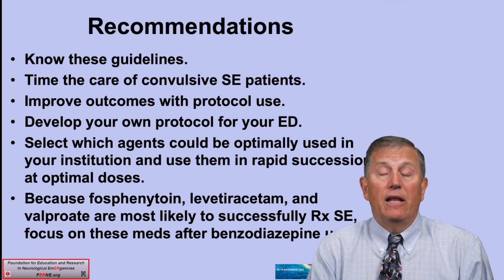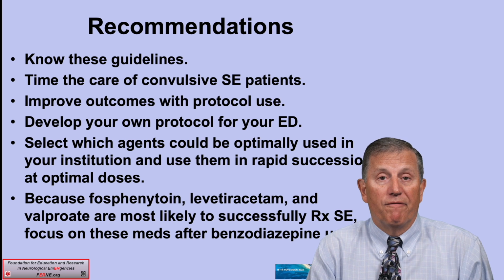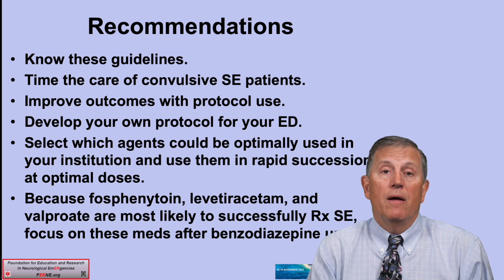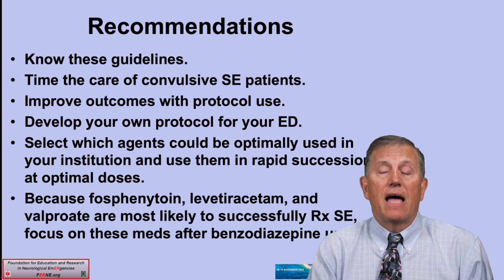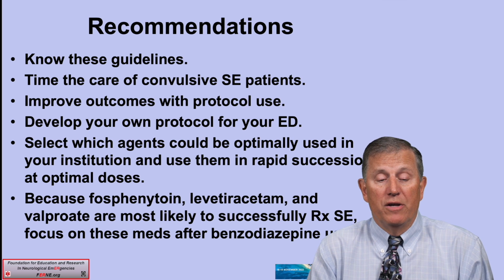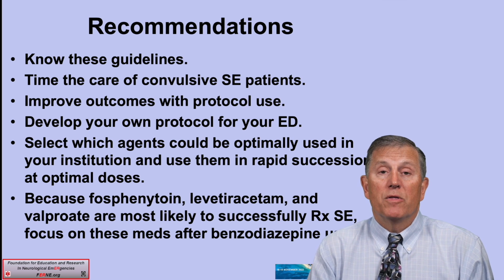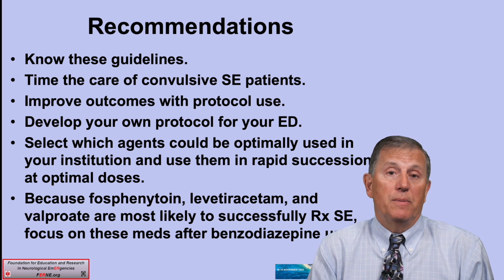Because the second and third phases of treatment have no single supported preferred medication, it's important to develop a protocol for your own individual emergency department or clinical care areas based on what medications are optimally utilized within your institution. In other words, the first phase that includes benzodiazepines, those benzodiazepines should be available in the clinical areas.